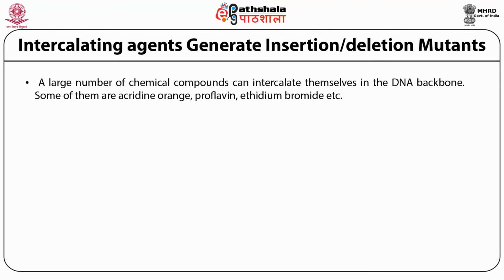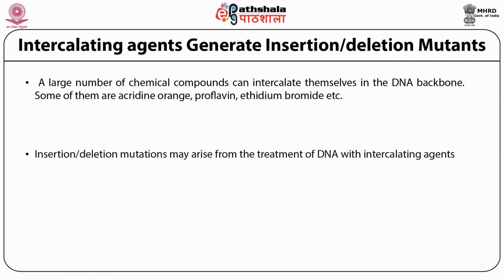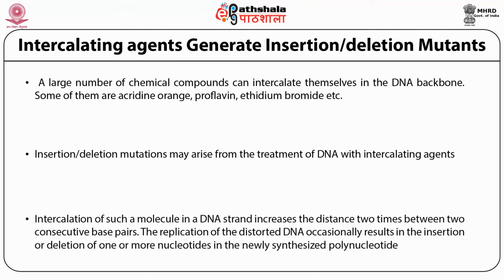Intercalating agents are reported to have the capacity to mutate DNA. Insertion or deletion mutations may arise from the treatment of DNA with intercalating agents such as acridine orange, proflavin, ethidium bromide, etc. Intercalation of such a molecule in a DNA strand increases the distance two times between two consecutive base pairs.